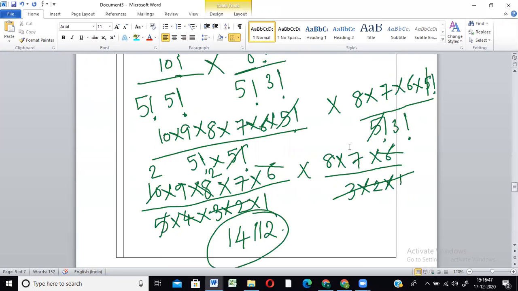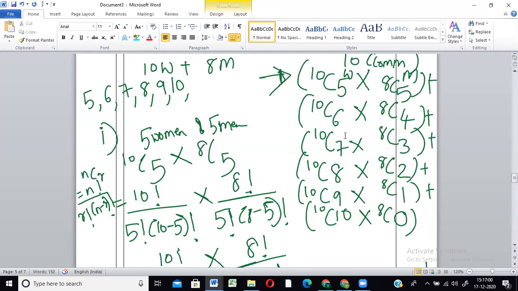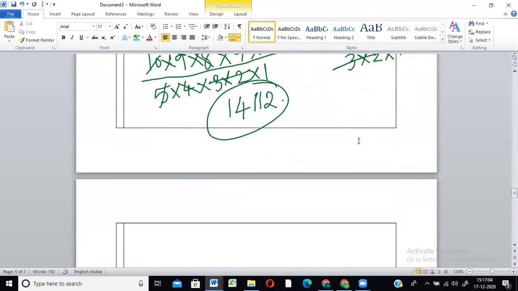We have to do it for the other ways also. Other ways means where you have 6 women and 8 men. The individual answers whatever you get, you're going to add to the next bracket values. So the next is nothing but 10C6 into 8C4. Of course it's a long one, but it's not very tough.